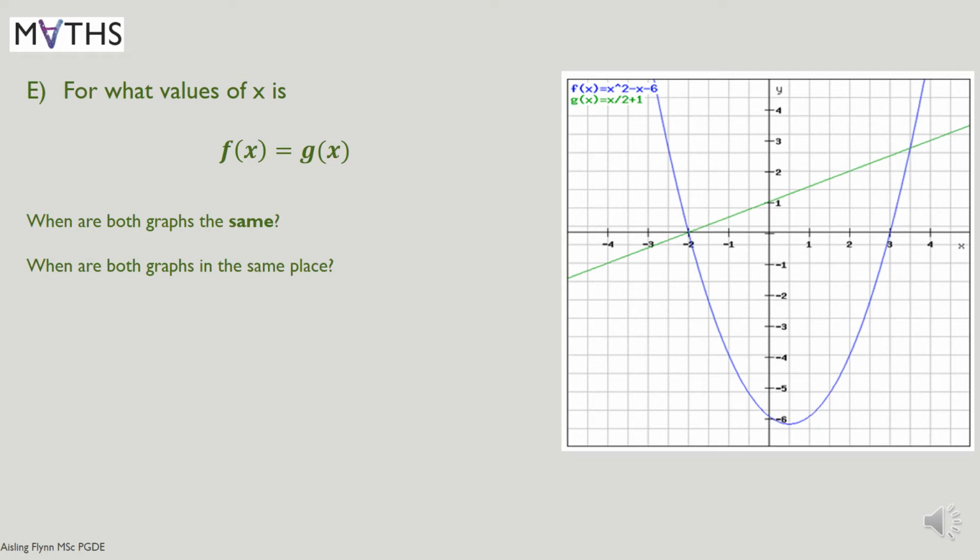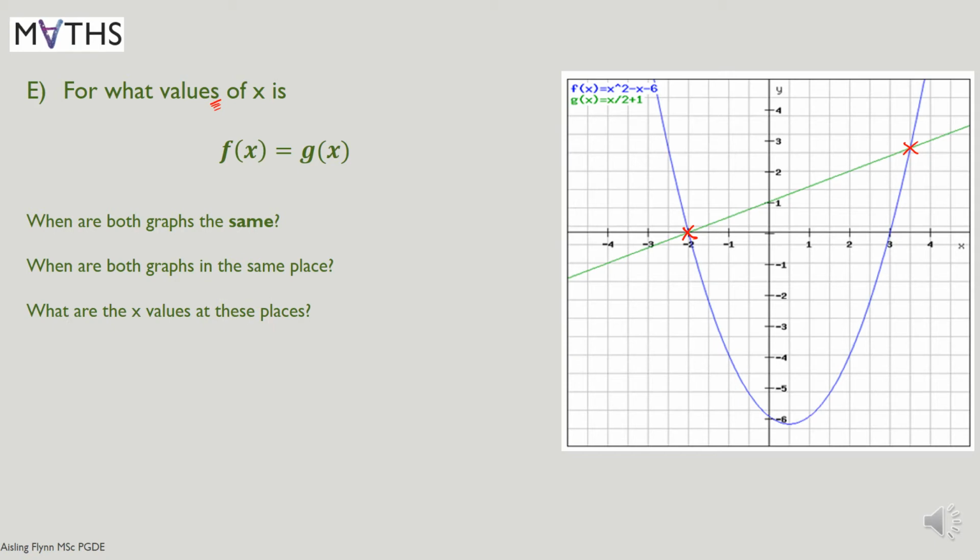Okay, and in this case there's going to be 2 places. They're in the same place where they cross over. So here and here. A clue is when it says for what values, so more than one. And we're looking for the x values of those points.